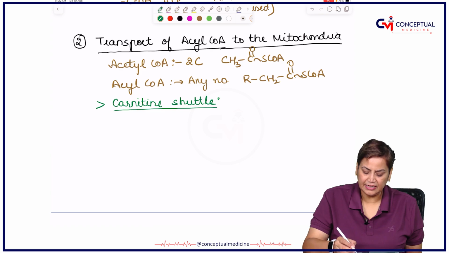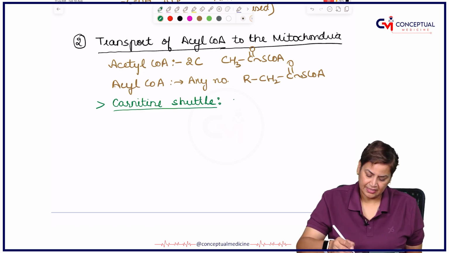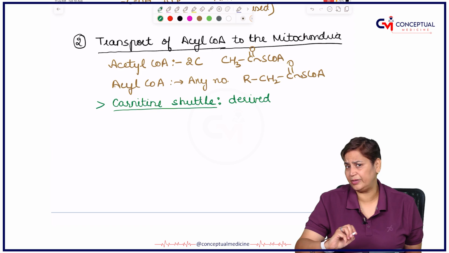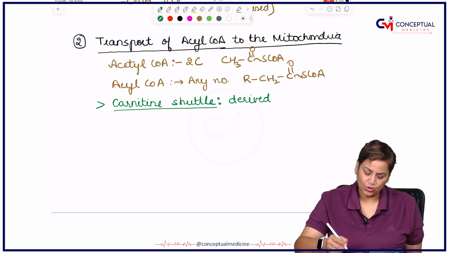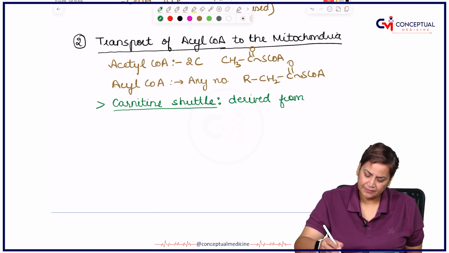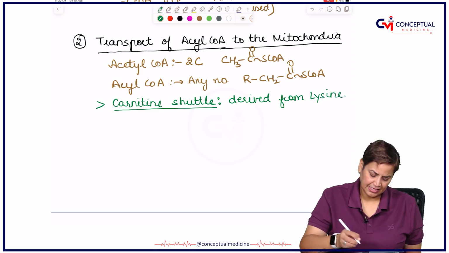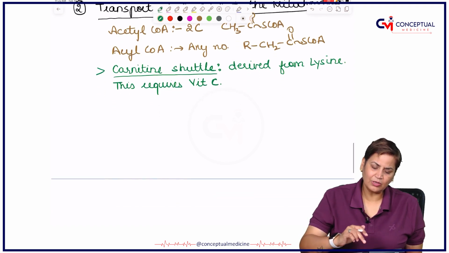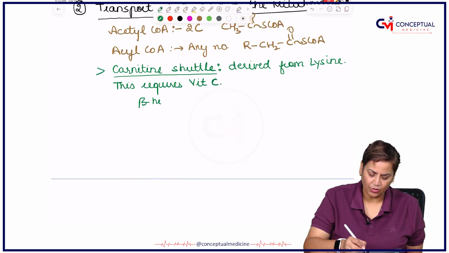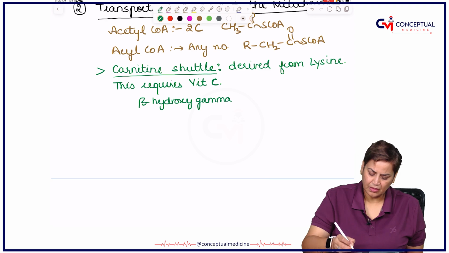Now, what is Carnitine? This Carnitine is derived from lysine. And this is one of the very important significances of lysine also, because lysine is an essential amino acid, if you remember, and lysine is a ketogenic amino acid too. So it is derived from lysine, and this reaction requires vitamin C. Carnitine is simply beta hydroxy gamma methyl ammonium butyrate.